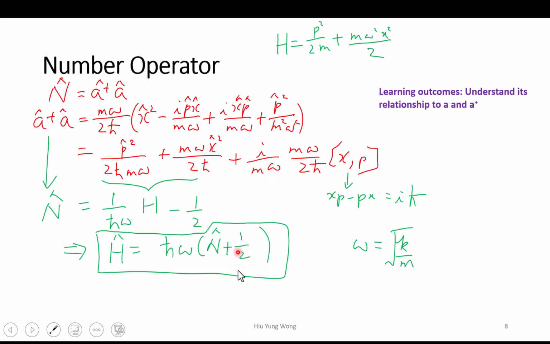So this 1/2 is basically saying that even if I don't have any particle there, in the vacuum, I also have some vacuum energy. I'm going too far, but on this page, just understand how this number operator is related to the Hamiltonian in this simple harmonic oscillator. Okay? Any questions?